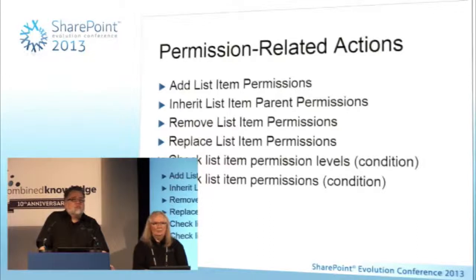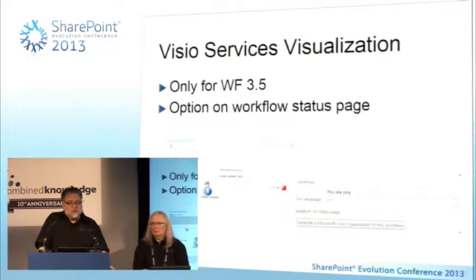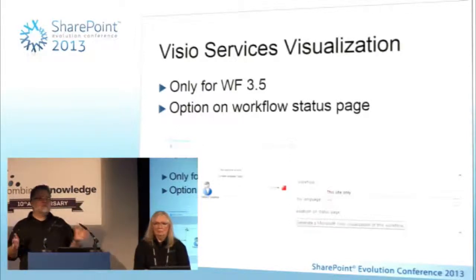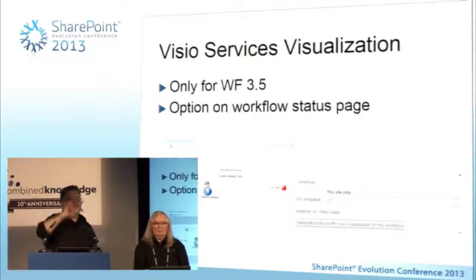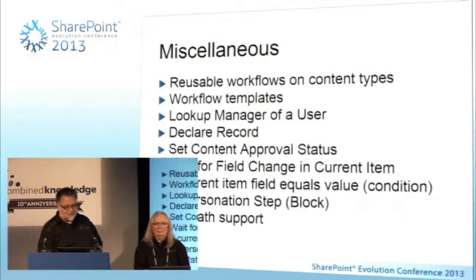You could manipulate permissions on list and library content. You could visualize the process flow of the workflow using Visio services. Yes, you can't do that in 2013. If you want to be able to show users a visual path, you're going to want to use a 2010 style workflow.